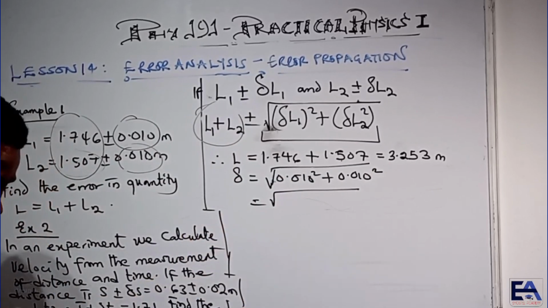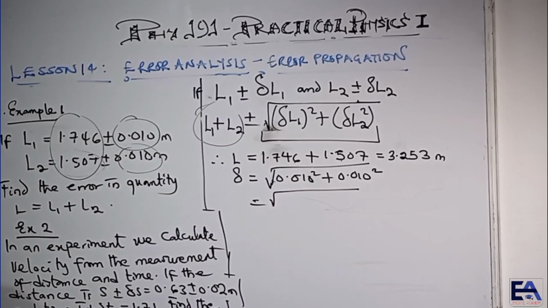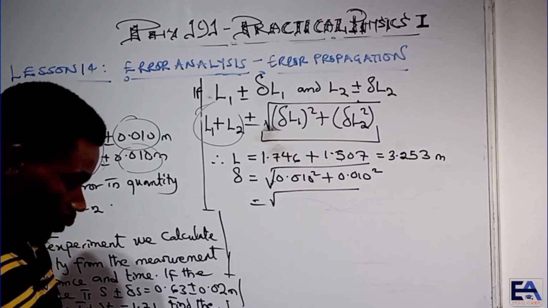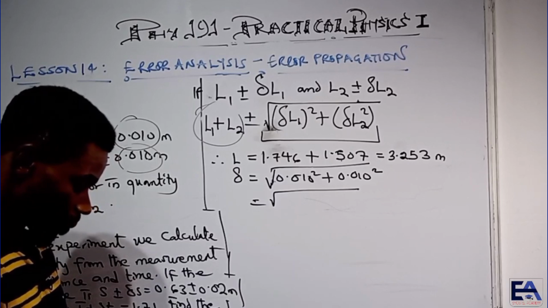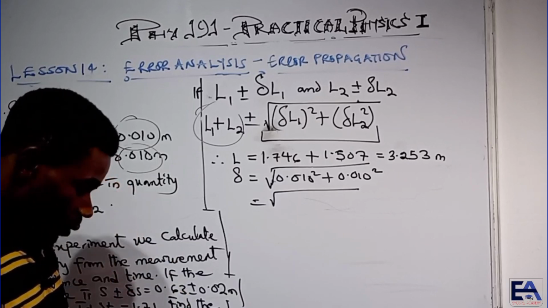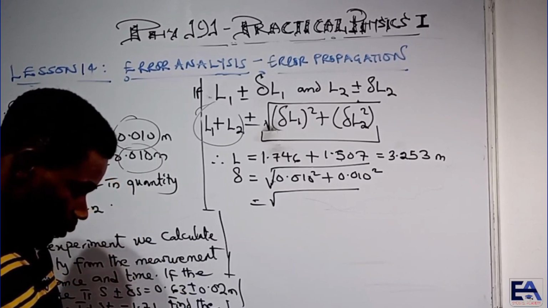I need to use my calculator. Sorry. Okay. All right. So 0.01 raised to power 2. There is square here now.